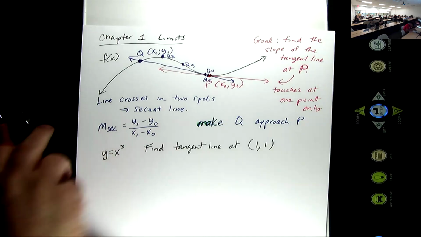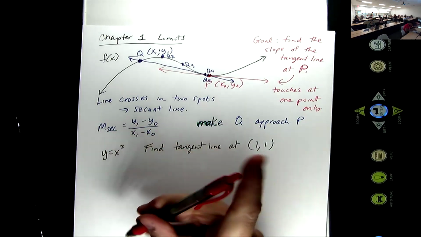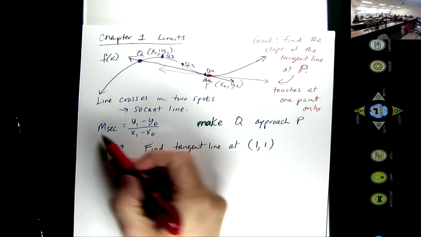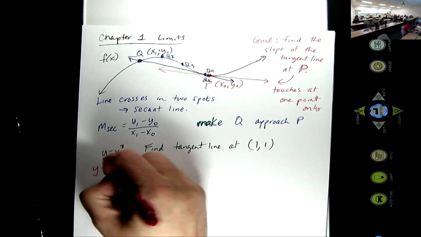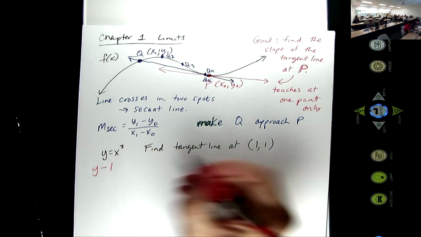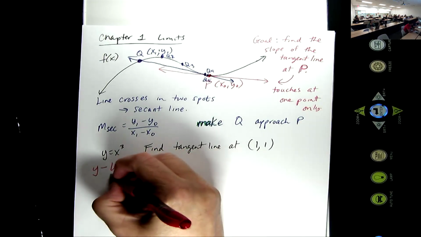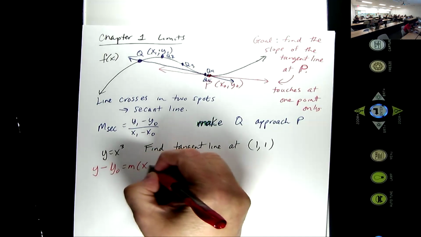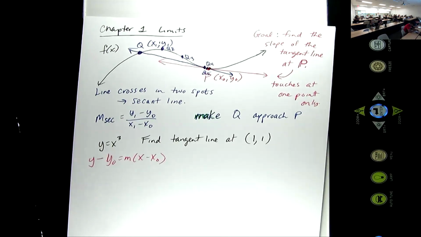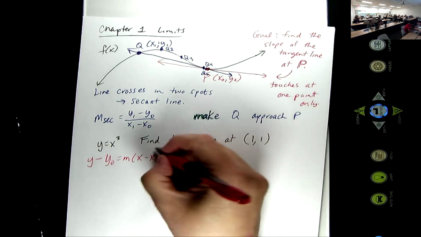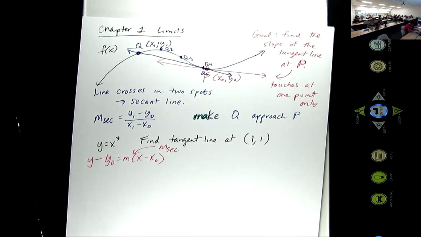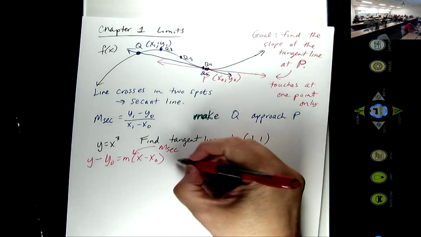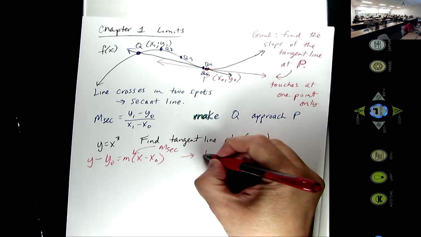The line for the secant line is gonna be, remember y minus y naught equals m times x minus x naught from algebra? That's what we're doing, but now we're using m secant here. So this gives us a line.